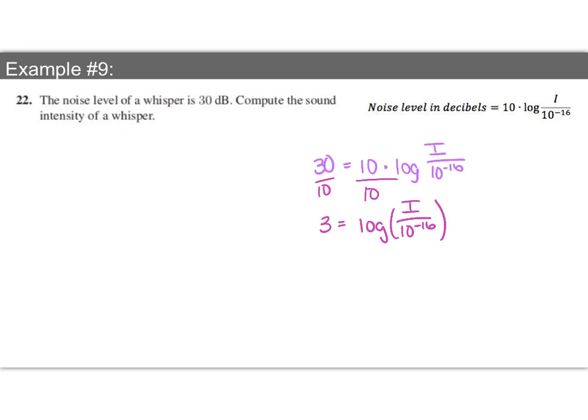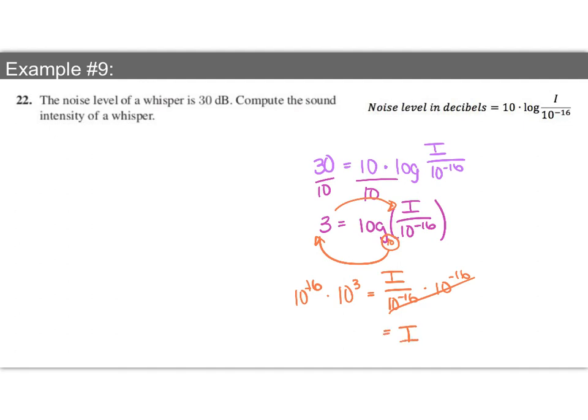And so then we're now going to convert so that we can solve. Remember, we've got our phantom 10. We always start with the base of the log and then do our little circle. So we're going to have 10 to the 3 equals I over 10 to the negative 16. And then we can multiply both sides by 10 to the negative 16. Now we've got two with the same base, so we can add the exponents.